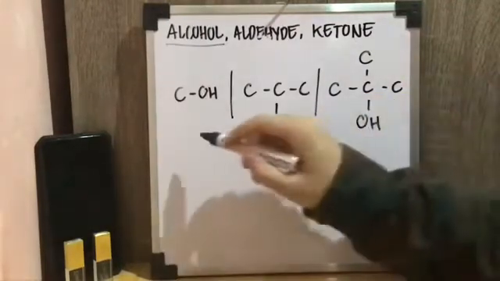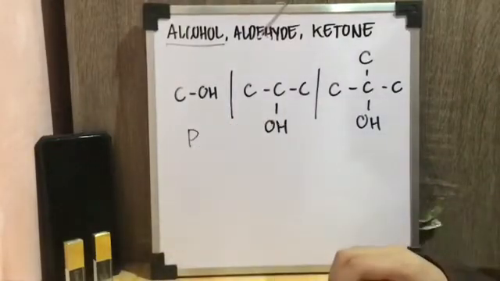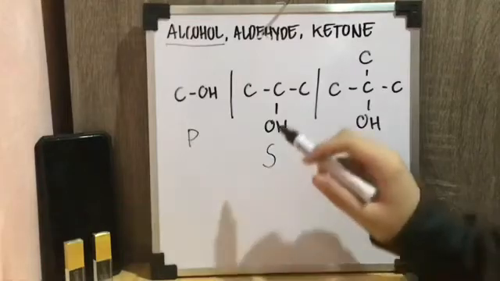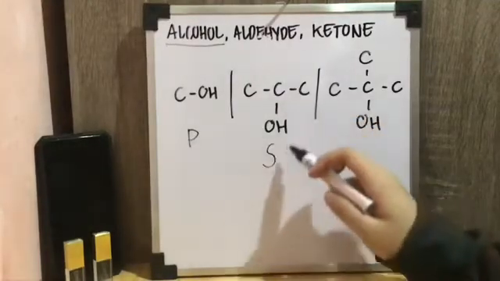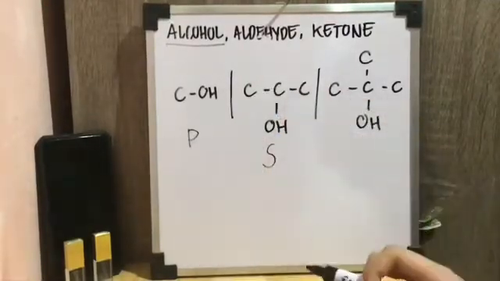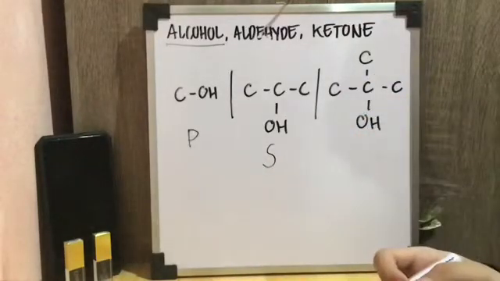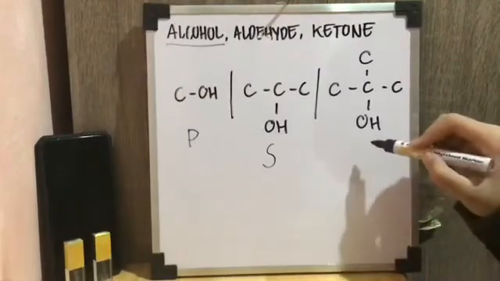This is what we call primary. Second, we have the secondary, which is represented by the hydroxyl group being in one of the middle carbons in the chain. That is what we call secondary.